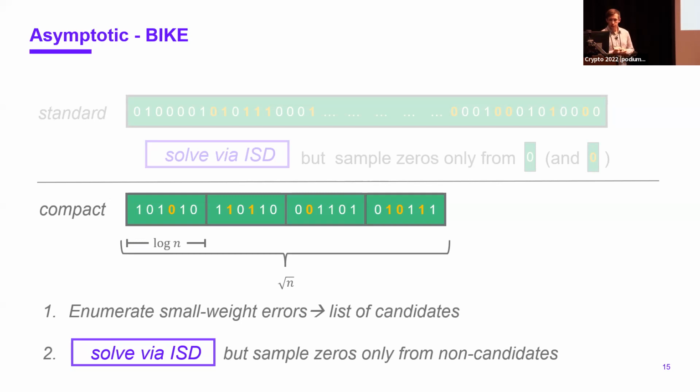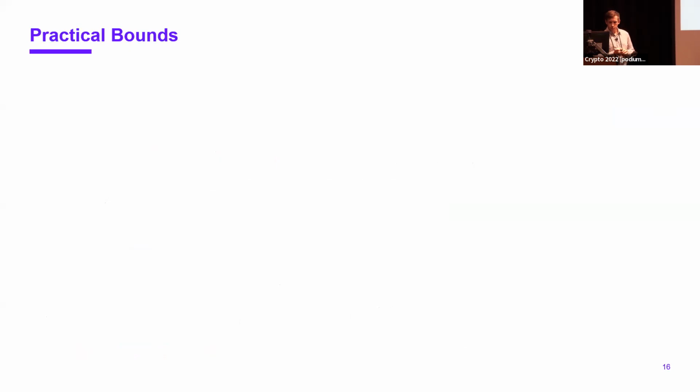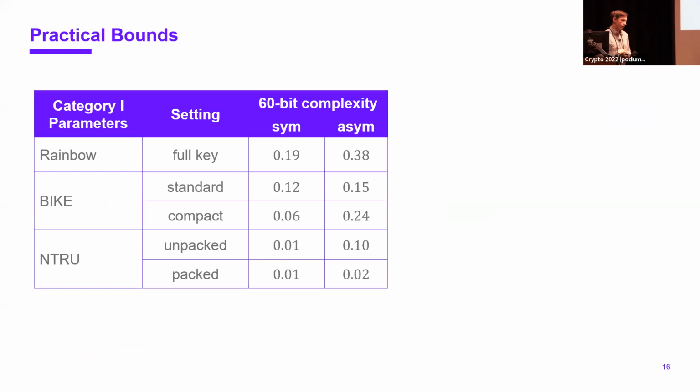So last but not least, let's cover the practical bounds in the error model. So here again, we consider the category 1 parameters for all three schemes, and we differentiate here the symmetric and the asymmetric model. For the asymptotic bounds, we only consider the more difficult symmetric model, where 1 and 0 flip with the same probability.